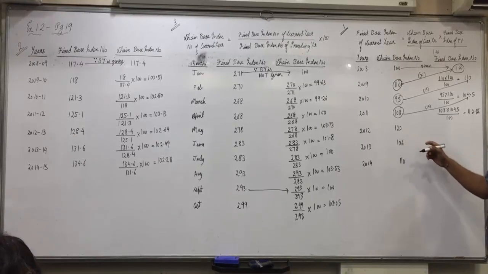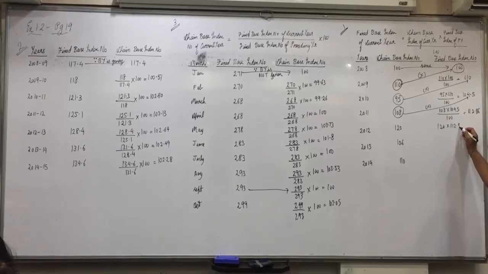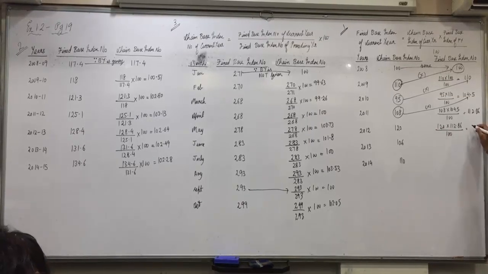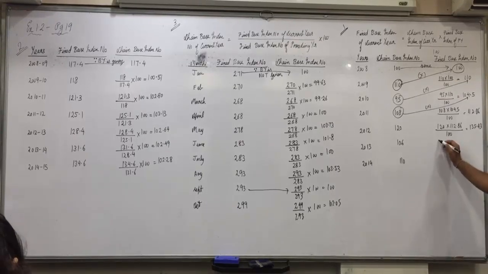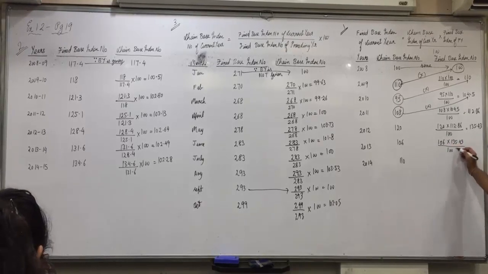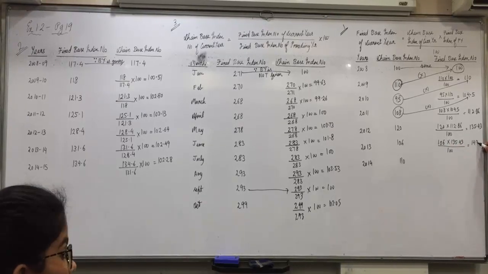120. 120 into 112.86 divided by 100. 135.43. All are clear with this? David? 106 into 135.43 divided by 100. 143.56.